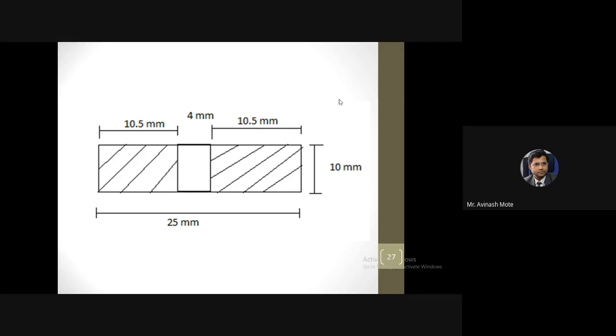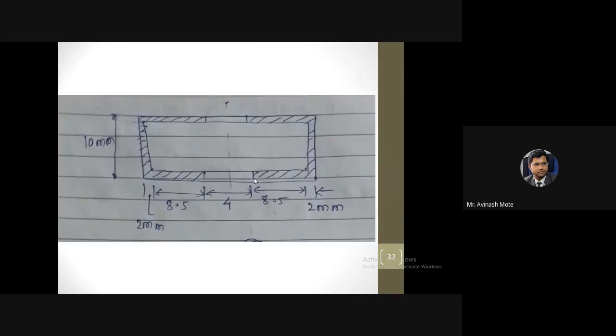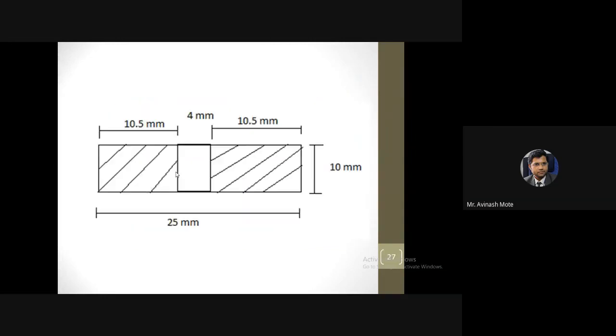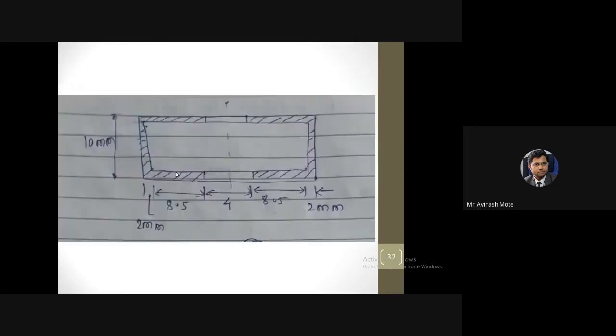So rather than going for solid components at both sides, you can go for the hollow component. Rather than this kind of bush, we are going for a hollow section.